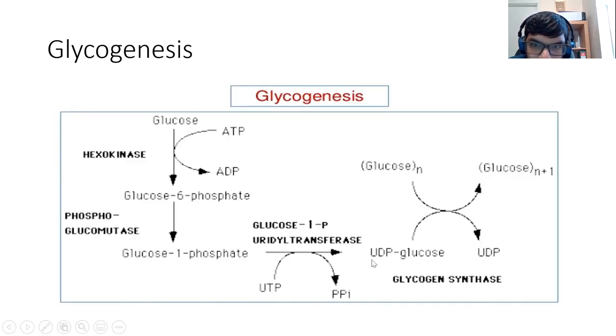So with UDP-glucose, the glucose is removed to form UDP, and UDP releases energy required to polymerize glucose to form glycogen.